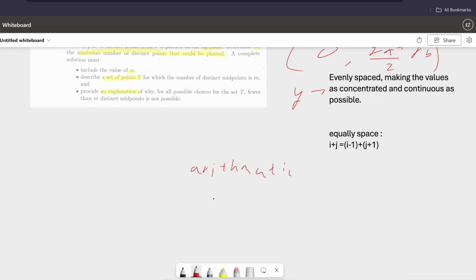Where yn is equal to yn minus 1 plus d. Since we see something like this, it is really easy for us to find m by substituting some numbers for d and y. Here d can be any number as long as every d between two numbers is the same.